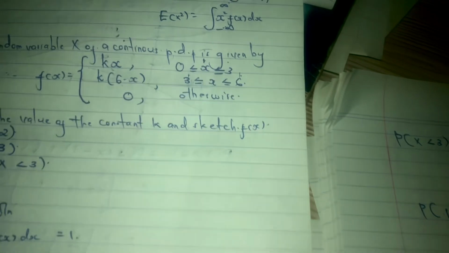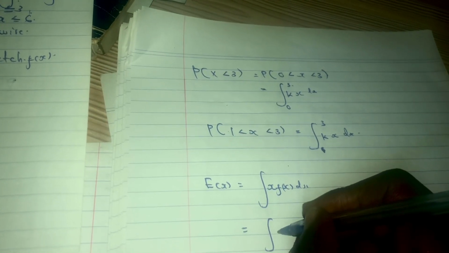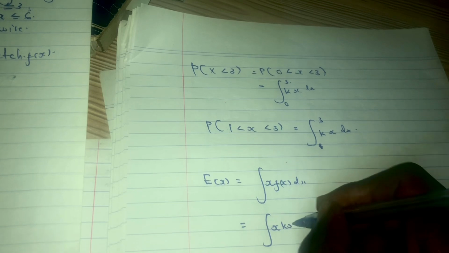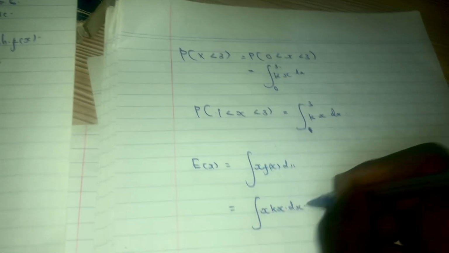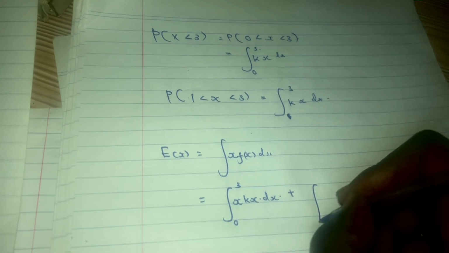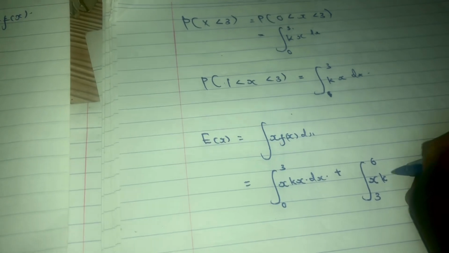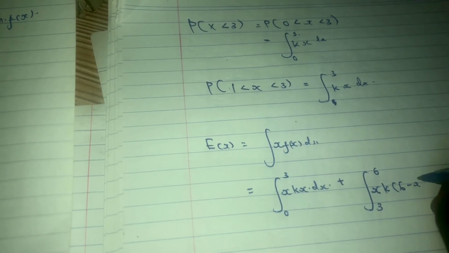That means for example that first one, we shall say this will be x times kx, are we together, dx from 0 to 3, plus integral from 3 to 6, we get also x, and it also multiplies that times k into 6 minus x dx.